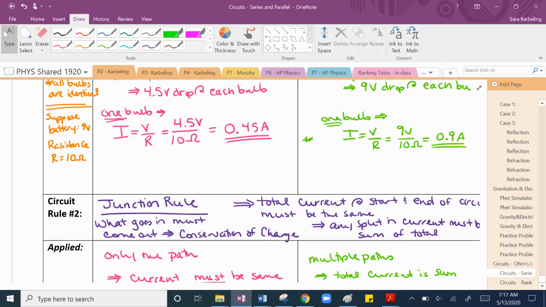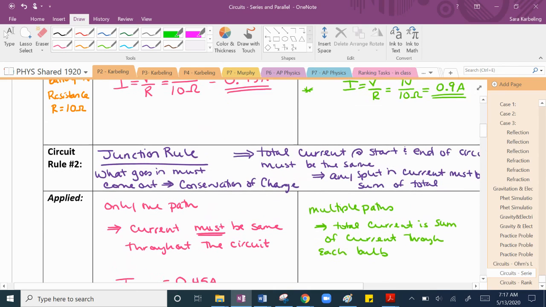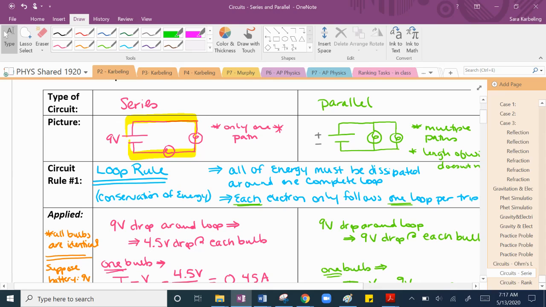Okay. So then if we apply this to the whole system with our numbers that we just used, we knew that we had a current in the series circuit of 0.45 amps, and that means that the current everywhere, the total current or the overall current, is 0.45 amps. In the case of the parallel circuit, we had 0.9 amps going through each of these bulbs. So there was 0.9 amps going through here, 0.9 amps going through here.